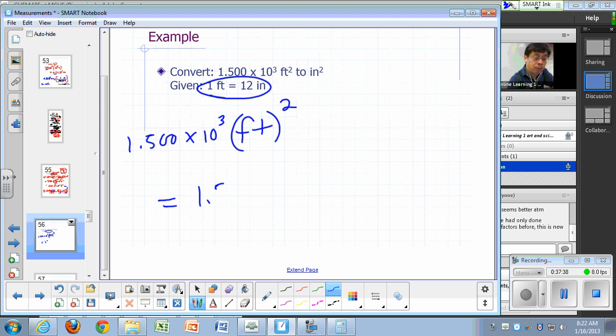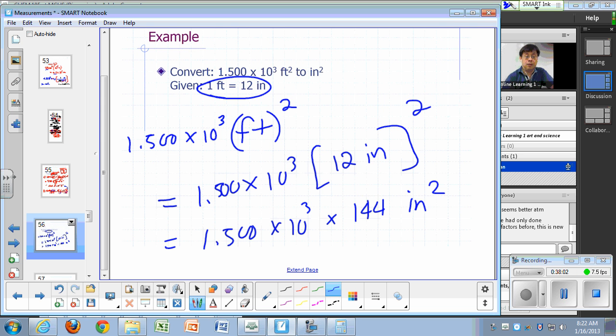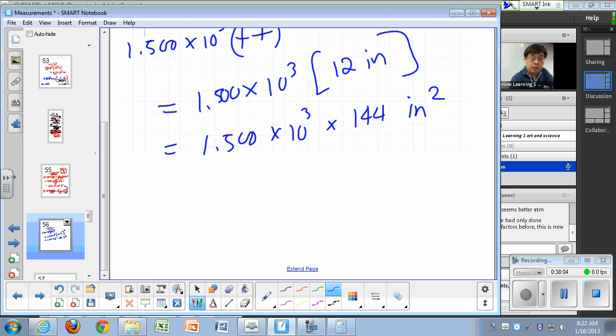I'm going to say 1.500 times 10 to the third, and instead of writing foot, I would say 12 inches, and then square it. So this gives me 1.500 times 10 to the third times, what's 12 squared? That's 144 inches squared. So you can say, what is that number?